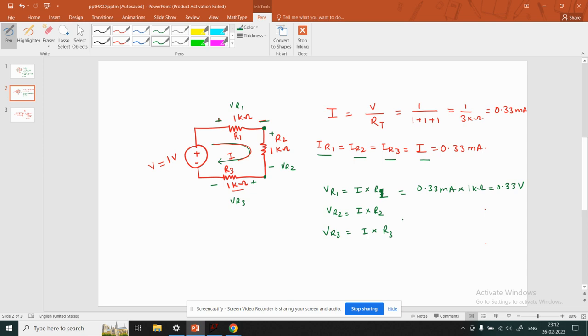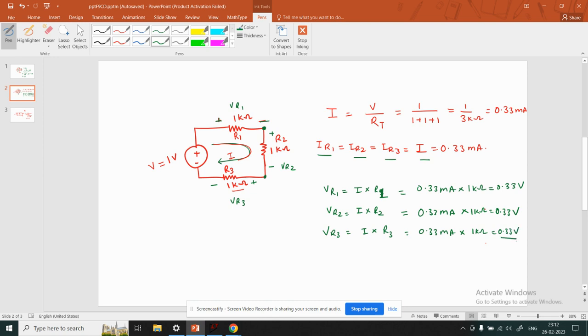Okay, and we can see that it is again 0.33 volt, same as above. So it is 0.33 milliampere multiplied by 1K, 0.33 volt, and the voltage drop across resistor R3 is 0.33 milliampere multiplied by the value of resistor R3, which is 0.33 volt.